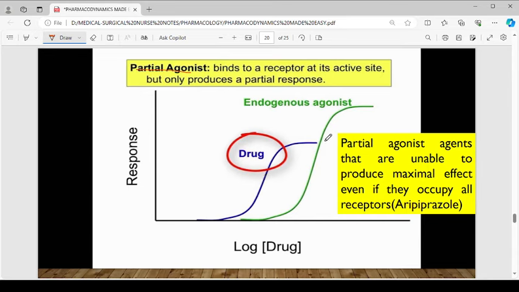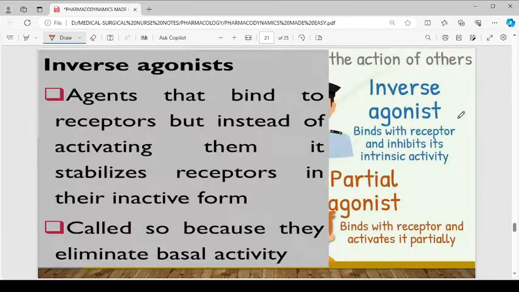It's not as much as this other agonist, right? So partial agonists are unable to produce maximal effect even if they occupy most receptors. Okay, we have an example of a drug, an antipsychotic, aripiprazole, which is a partial agonist for that case.